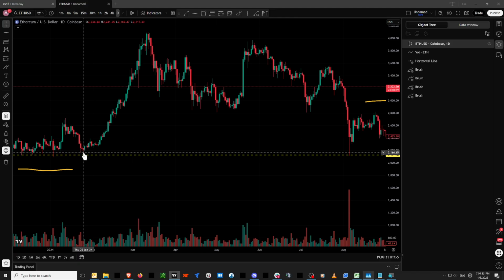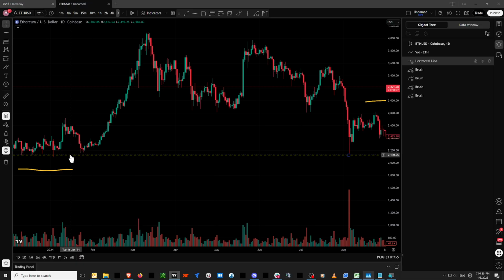Remember that trading is fractal. Fractal, what does that mean? Fractal means that the same patterns, the same concepts happen on just about all the different time frames. Here I'm on a daily chart, and we see that support, and we're talking about support and resistance on a daily.